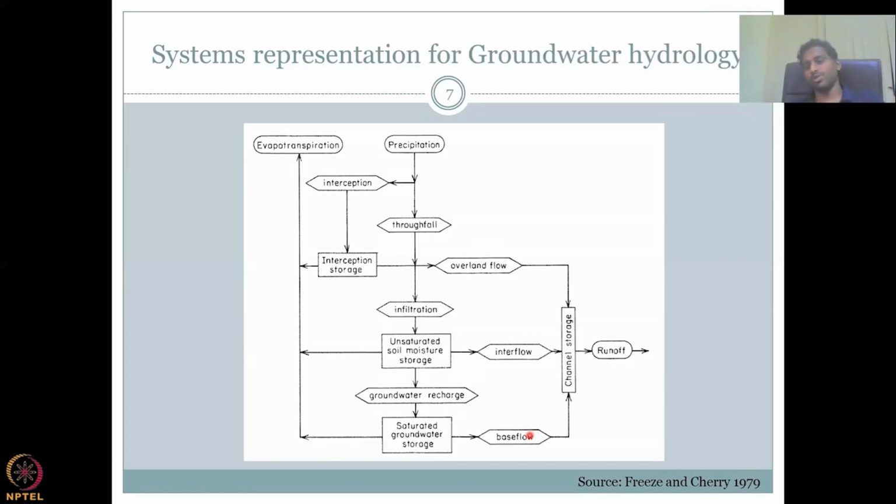But eventually it will move into the base flow, and then base flow goes into rivers, stream storage, etc. And then that contributes into runoff. Okay, so the runoff happens, which is your stream discharge, river discharge, and eventually all the rivers, all the streams would go into your oceans because that is the elevation.